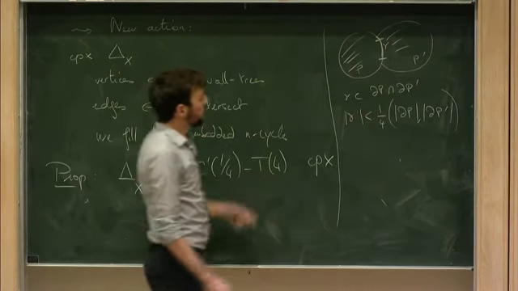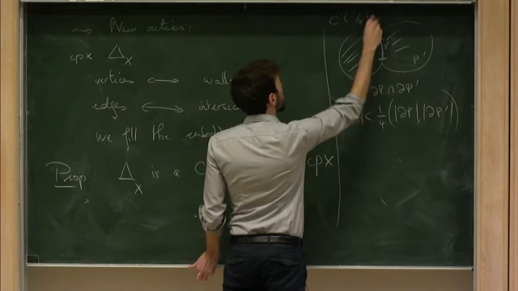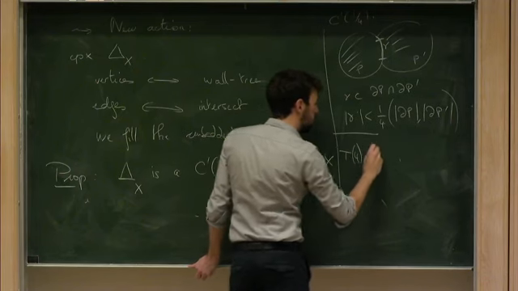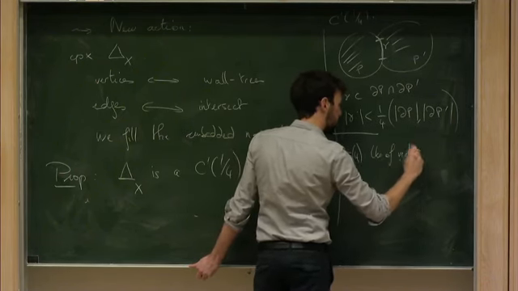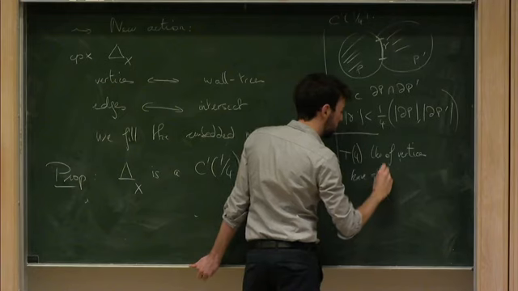And T(4) means that the links of vertices have girth at least 4.